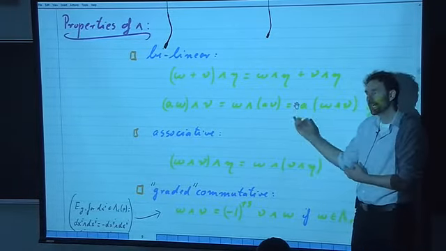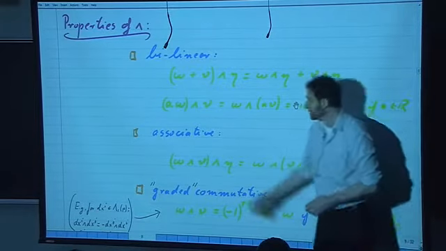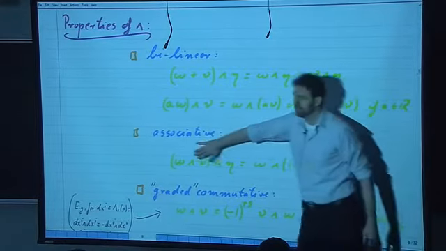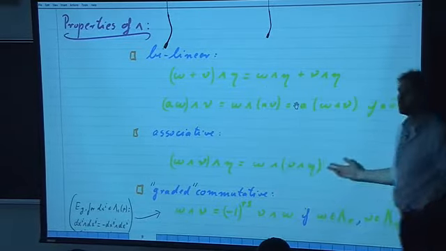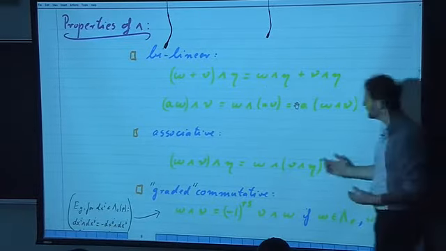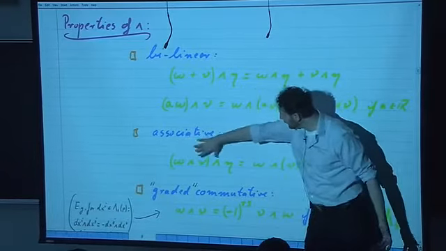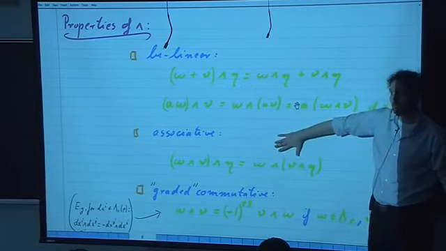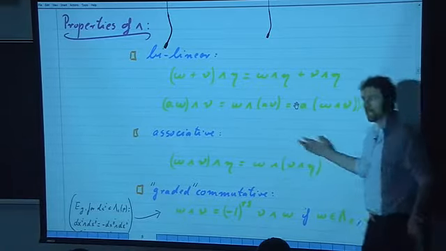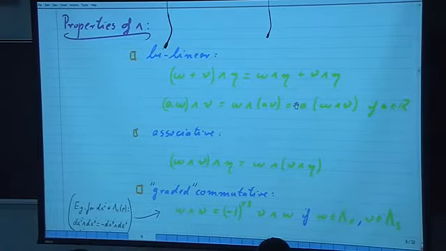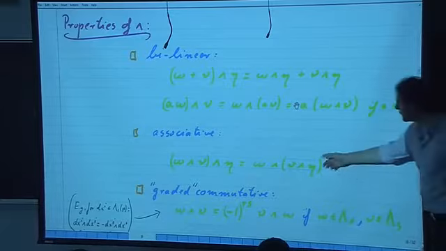It follows from the axioms that this is associative, so we don't need to write the brackets. You see, you saw it without brackets, and you were wondering, how come no brackets? It's a binary operation. The reason is you have to bracket, but it doesn't matter which way you bracket, because it's associative, and therefore we can leave out the brackets. It looks like a more than binary operation, but it's really only binary, except that the bracketing doesn't matter.